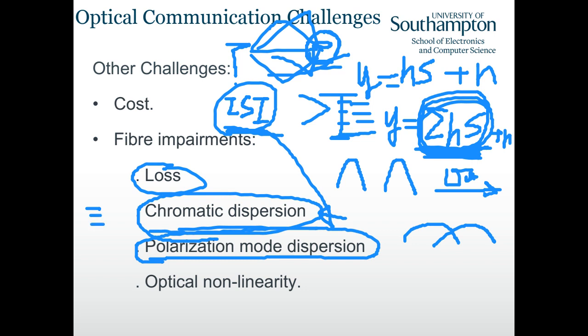So this would cause inter-symbol interference. Also, optical non-linearity. For example, if the medium is not pure, there's impurity there, then there's non-linearity in the fiber. So all of these are challenges in optical communication.